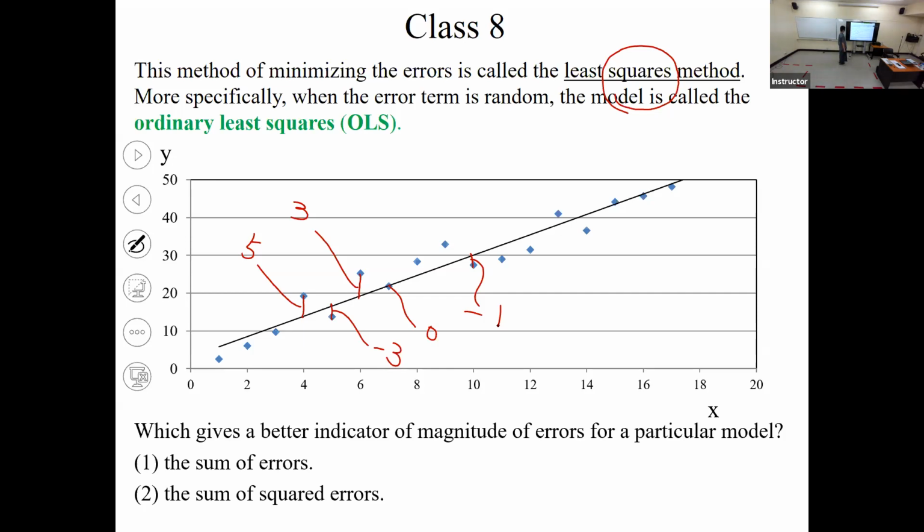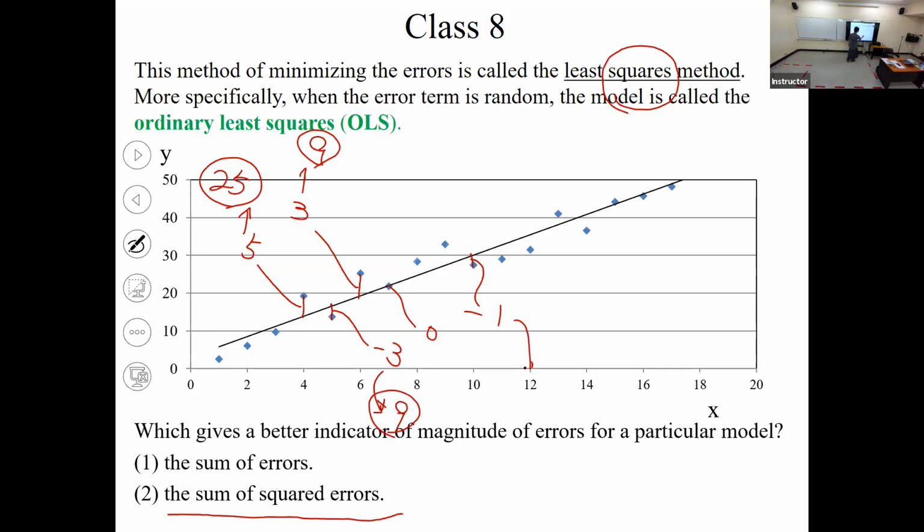So that is not a good indicator when you consider minimizing the errors. How do you define the errors? If you just take the sum, then it will be 0. So that is why we consider the sum of squared errors. Each error value, you take the square. This will become 9, this will become 25, and this negative will become positive.